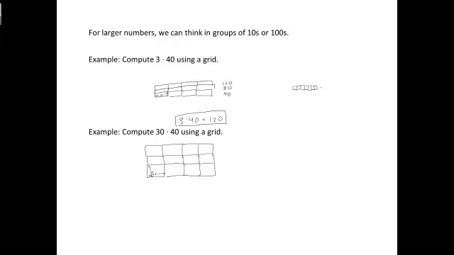So from this row, each of these 10 by 10 boxes has 100 objects in it. So 100, 200, 300, 400, 400, and another 400, and another 400. 30 times 40 equals 1,200.